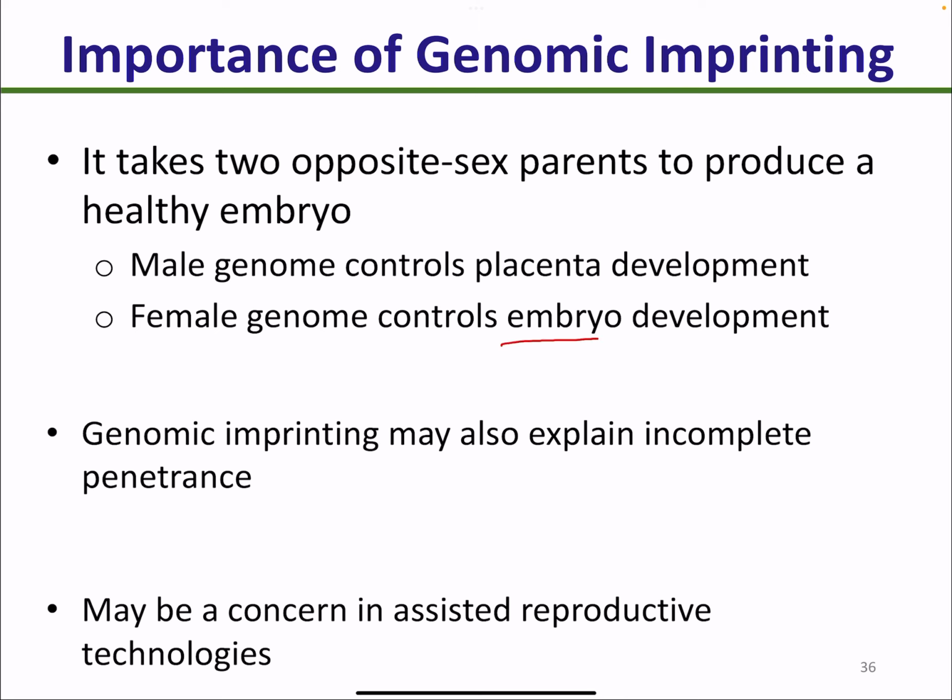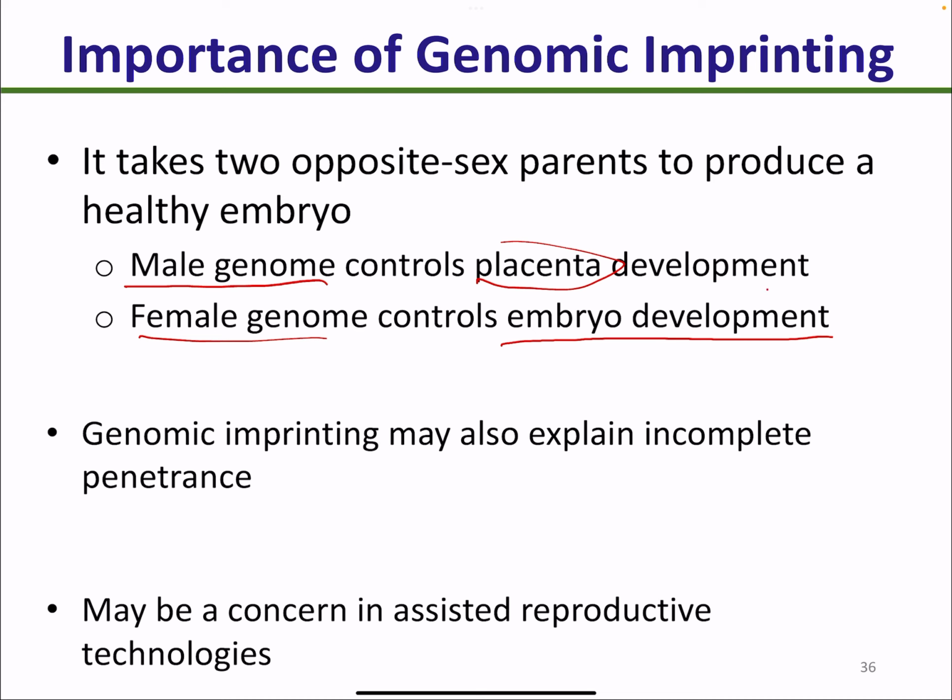So you understand that if the male genome is not expressed, that is a problem, right? The placenta will not be produced, while if the female genome is not expressed, well, we're going to have a problem with the development of the embryo.